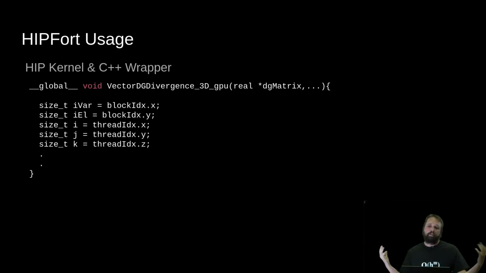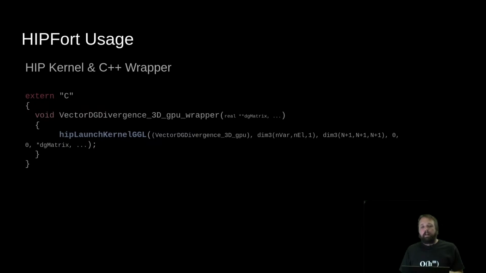So when you launch thousands of threads on the GPU, you can use those thread IDs to access specific slots in memory so you can get that parallelism exposed. I'm not putting the rest of the instructions in here, but the bottom-level ingredient so far is to write a HIP kernel.